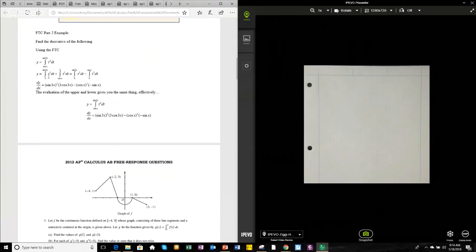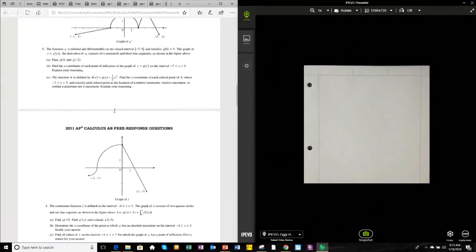And I show you how you can bust it up choosing a constant, and it doesn't matter what constant. And you can also do the same thing effectively by evaluating the top minus evaluating the bottom. That's what it turns out to be anyway. Okay, so what I'd like to do first, because it's easier, is to do some evaluation parts here.